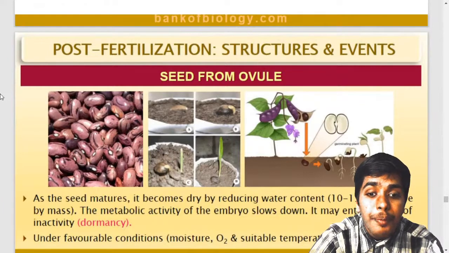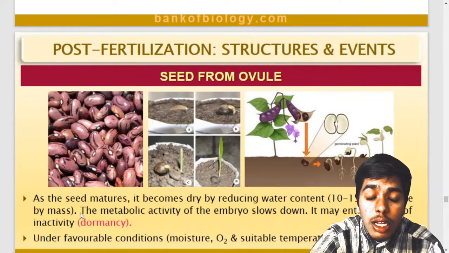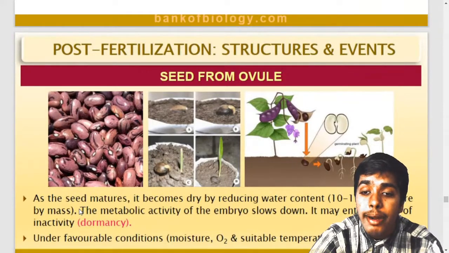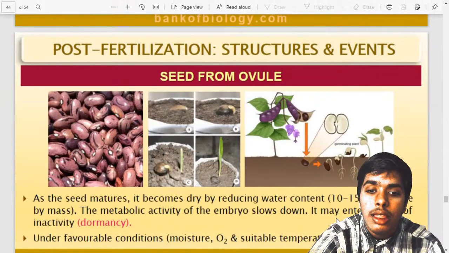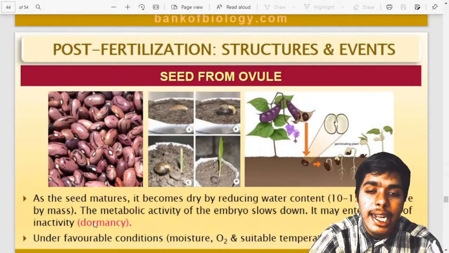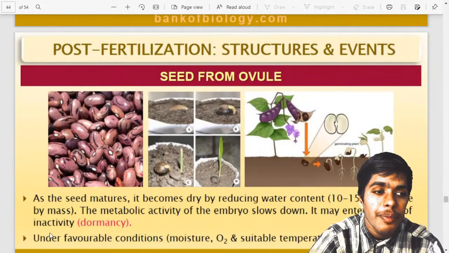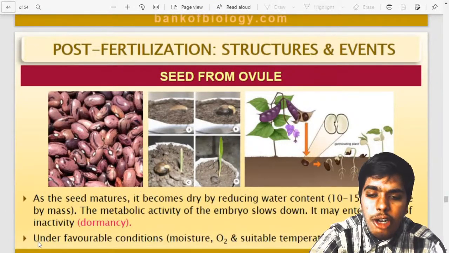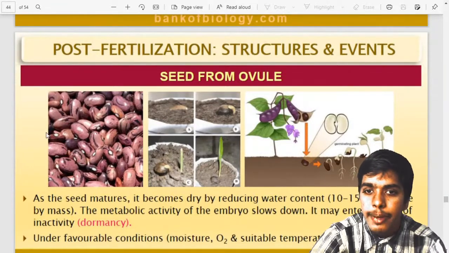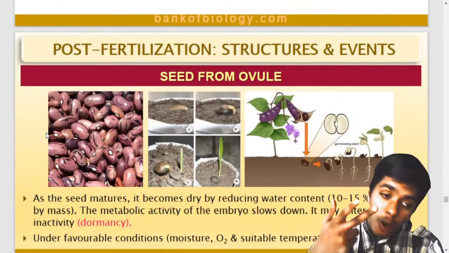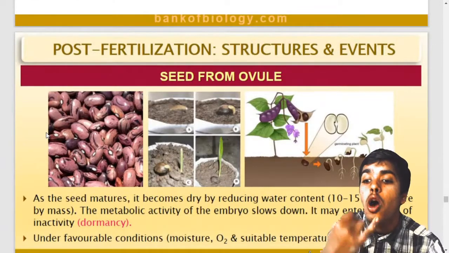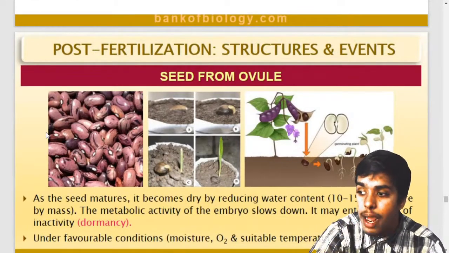Because enzymes require water for their activity, so development and metabolic activity slow down. It may enter a stage of inactivity, which means dormancy, during unfavorable seasons. During favorable conditions, what do they need? They need moisture, oxygen and suitable temperature.